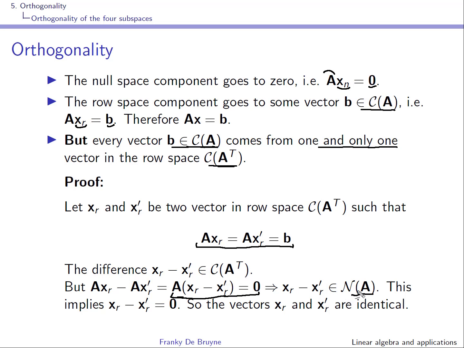And the only way that you can be in the null space and in the row space is if this vector xr minus xr prime is the 0 vector. That's the only vector that is in the row space and the null space. So this means that xr and xr prime here are identical. So we have shown that every vector in the column space comes from one and only one vector in the row space.